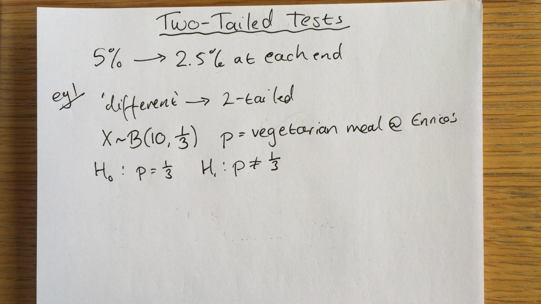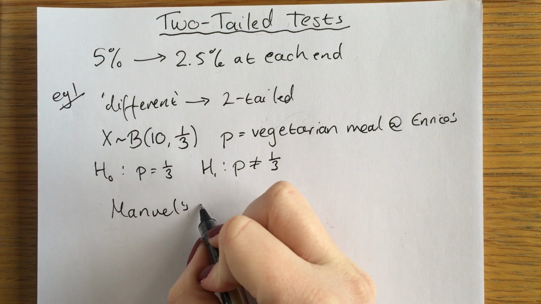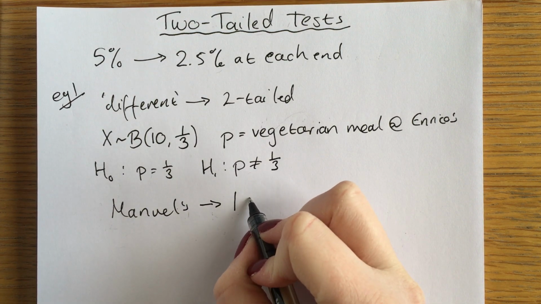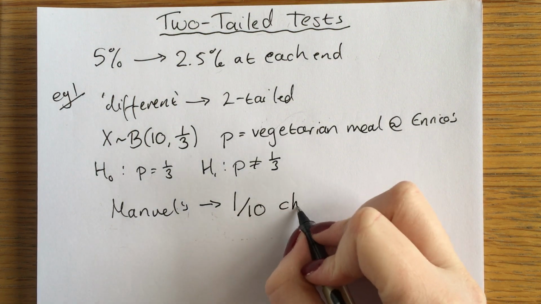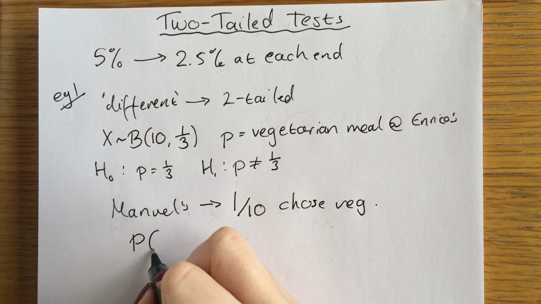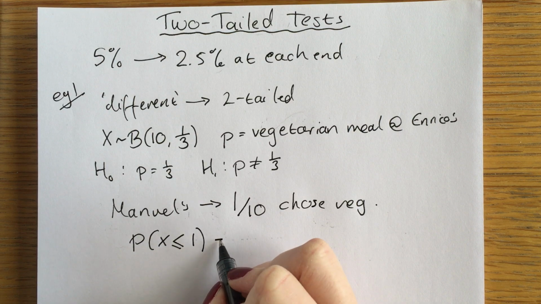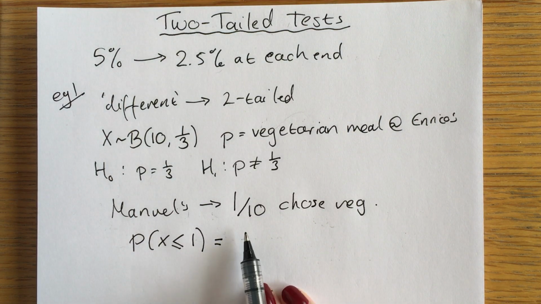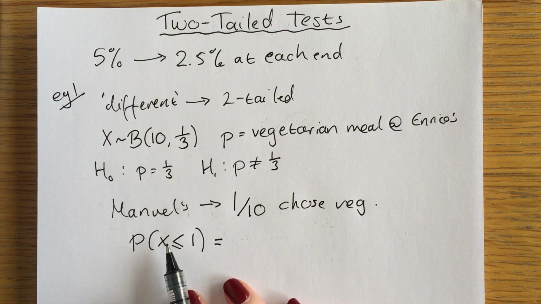So what happens in Manuel's restaurant is that 1 person out of the 10 chose a vegetarian meal. We need to see the probability that X is less than or equal to 1, because we're seeing 1 as being very small, so it's 1 or less.